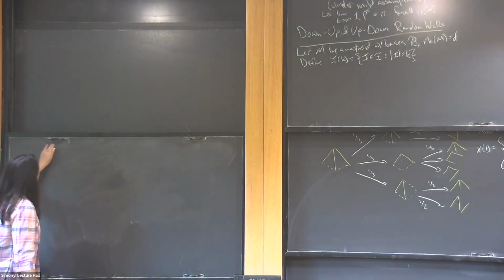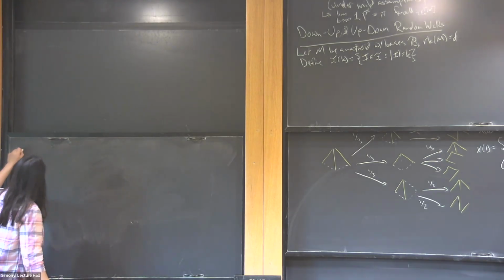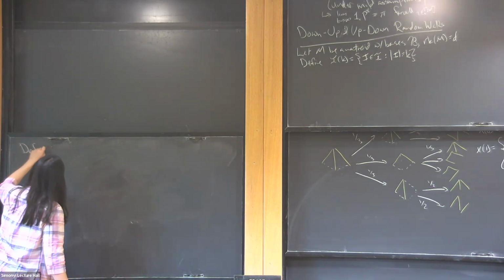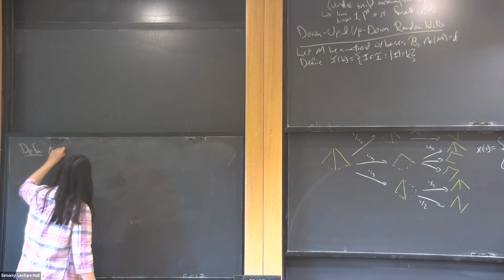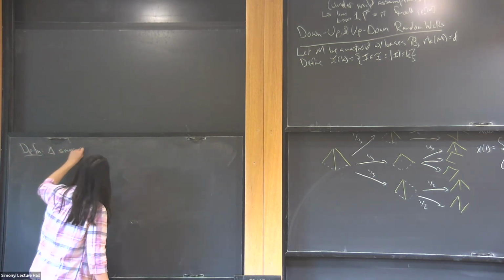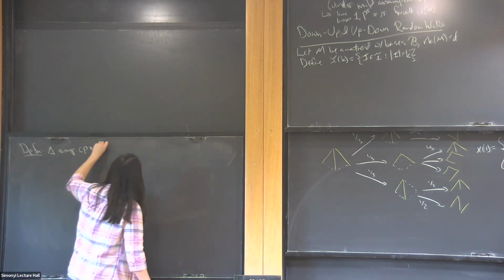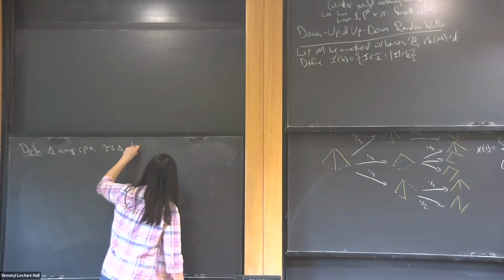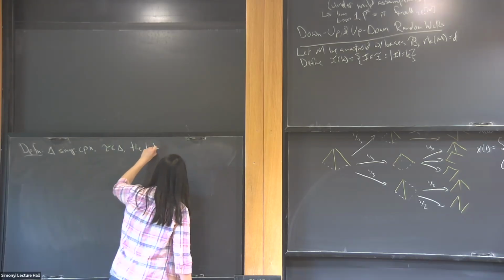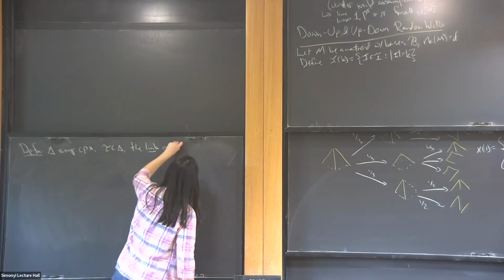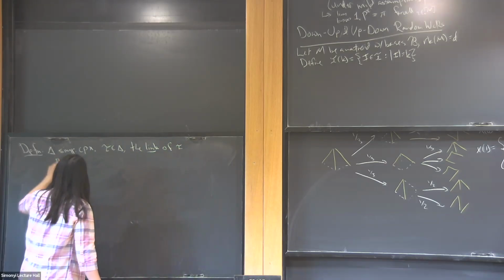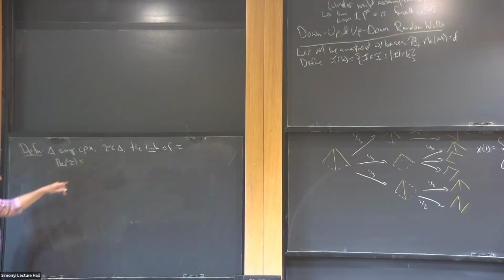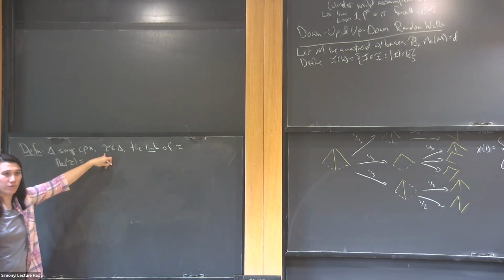So, if we have a simplicial complex and some simplex tau, we need to define the link of tau. It's going to be all of the simplices that contain tau, but then we remove tau.